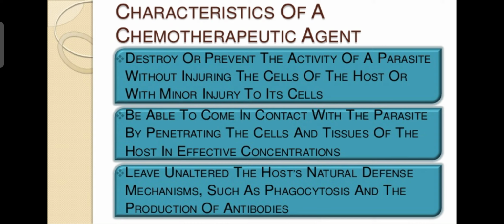It must be able to come in contact with the parasite by penetrating the cells and tissue of the host in effective concentration. It should leave unimpaired the host's natural defense mechanisms, such as phagocytosis and the production of antibodies.